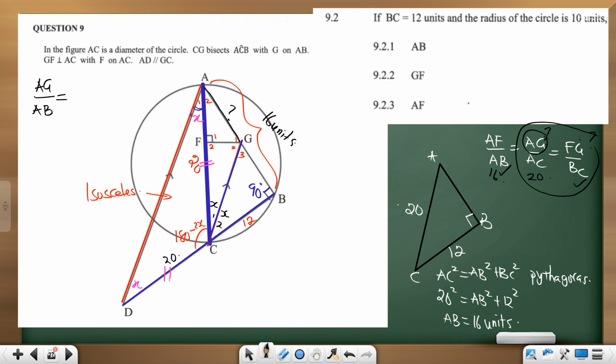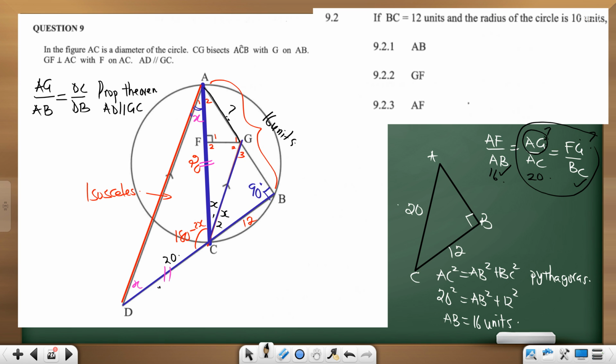Equals to, I know this, which is going to be DC over the whole length, DB. Do we agree? Proportionality theorem. Which lines are parallel? AD parallel to GC.